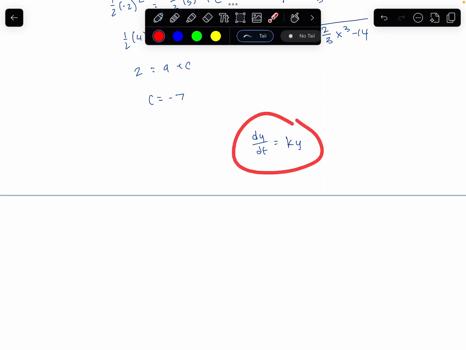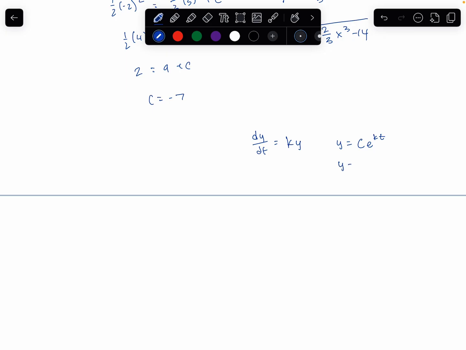This is an example of an exponential model. This is its derivative. It means that the derivative, the rate of change, is proportional to itself. Okay, and if you see that it's proportional to itself, or it specifies that it's proportional to itself, that means that the solution is y is equal to the initial amount times e to the kt.